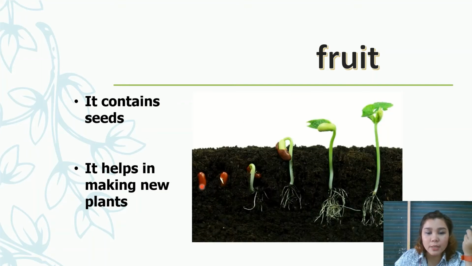So, more seeds, more plants will grow. So, this one, ano to? Beans. So, this is from seed hanggang may roots na siya until it pushes up para makalabas na siya sa ground, and then until it becomes a baby plant.